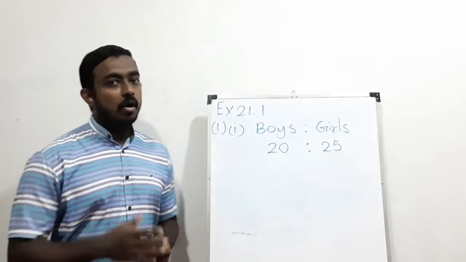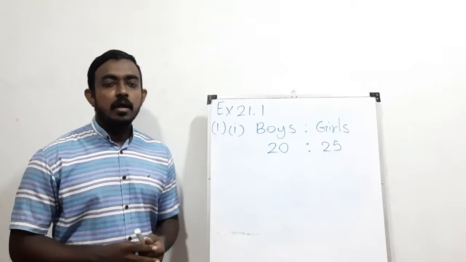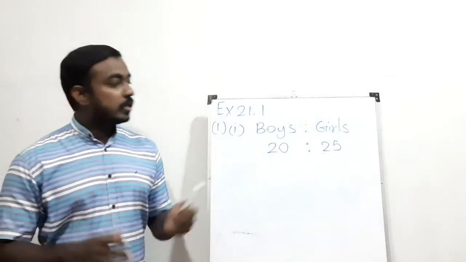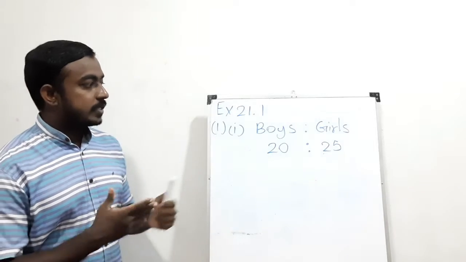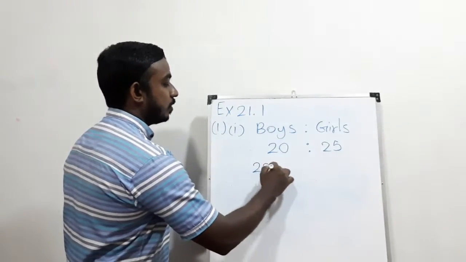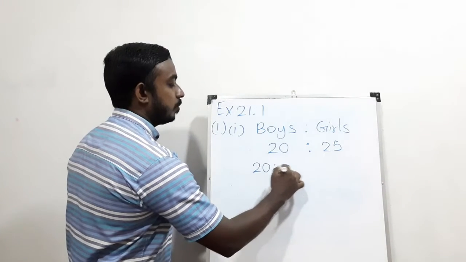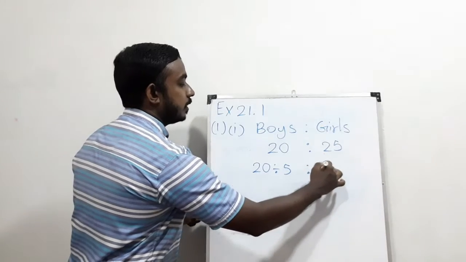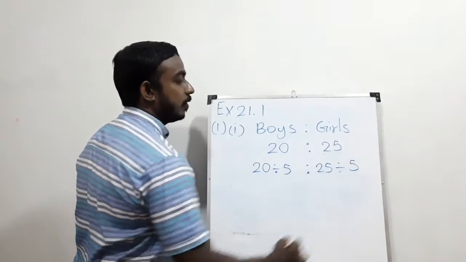Now how to make it simple is, now we have to decide a number which can divide both these numbers. Therefore, as you can see on the board, it can be 5. So here we have to divide both sides by 5. 20 divided by 5 and 25 also divided by 5.